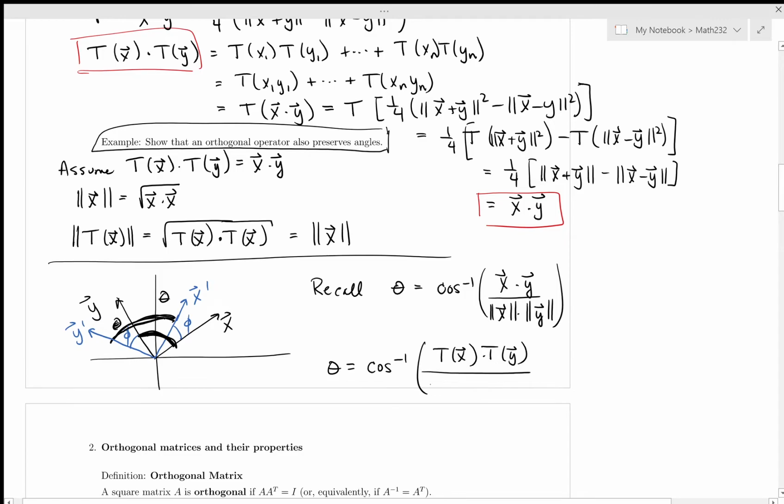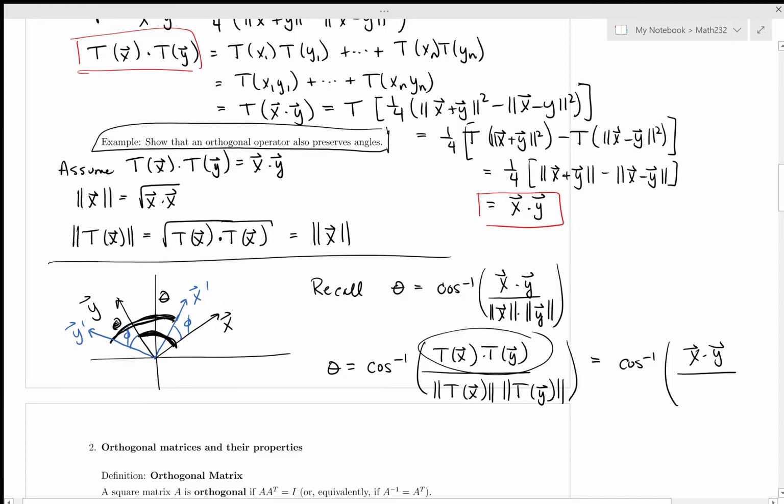We calculate that the way we always calculate angles between vectors. Then what can we say? Well, the dot product is preserved, so the numerator is x dot y.